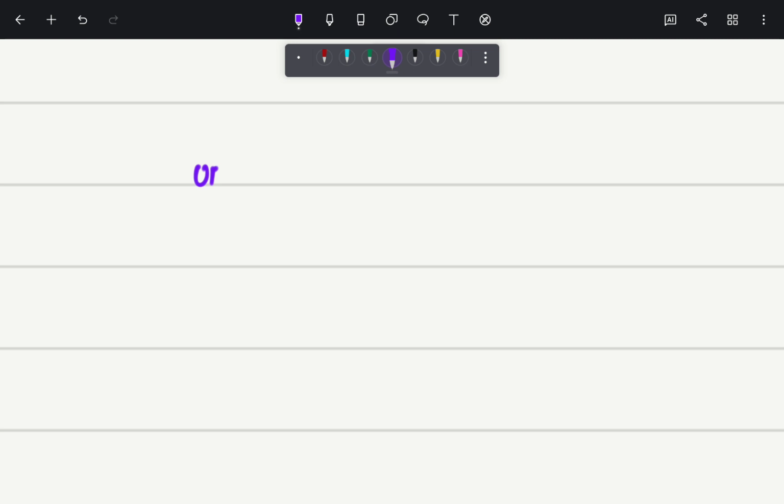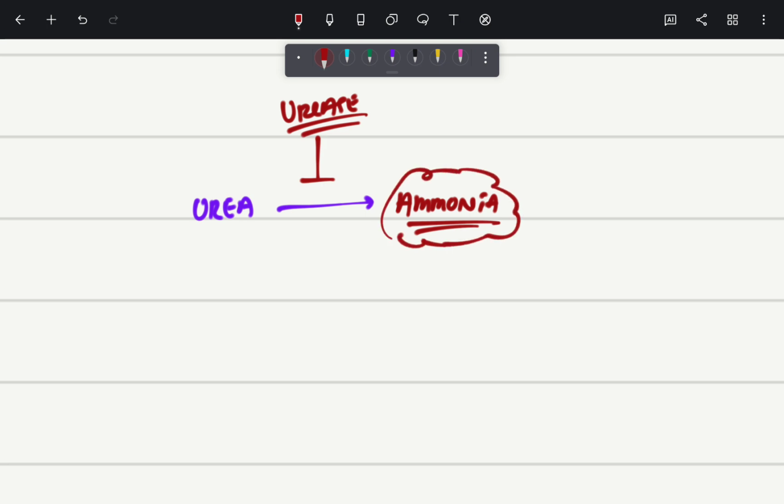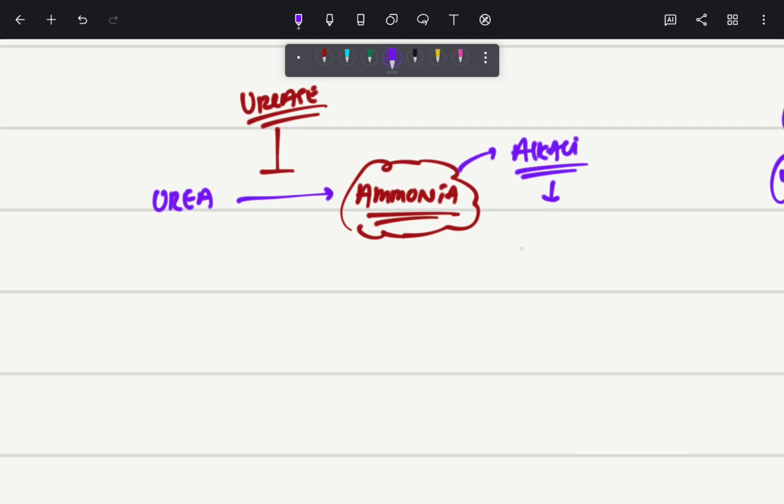Normally in our body, urea is converted into ammonia by an enzyme called urease. Now this ammonia is an alkali, and whenever there is increased alkali in our body, there will be formation of alkali stones such as phosphate stones.